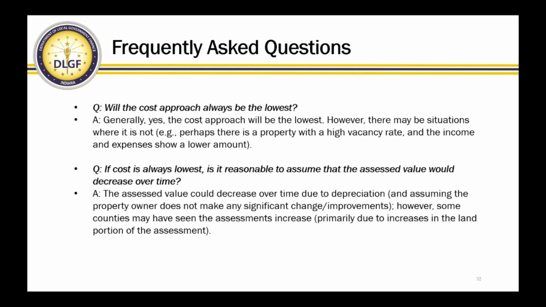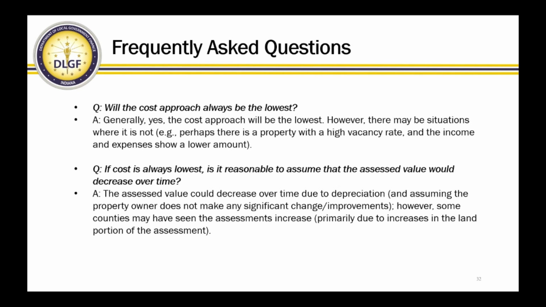If the cost approach is the lowest approach, is it reasonable to assume that the assessed value would decrease over time? Generally speaking, it could decrease over time due to depreciation, assuming that the property owner does not make any significant changes. However, we've seen in some counties where the assessments under the cost approach did increase, and that's primarily due to increases in the land portion of the assessment.